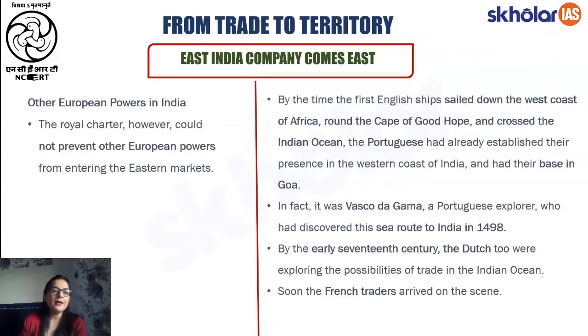So students, the East India Company was free from competition within its own country with respect to trade in India. However, by the time East India Company had reached India, there were already other European trading companies that were trading with our country.